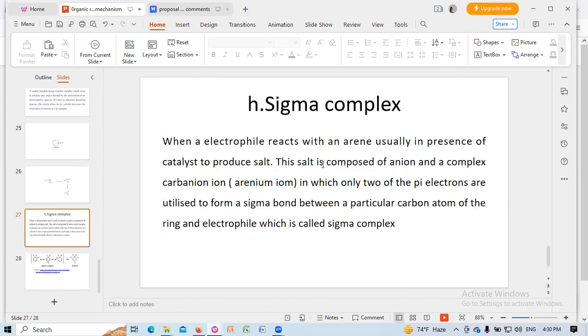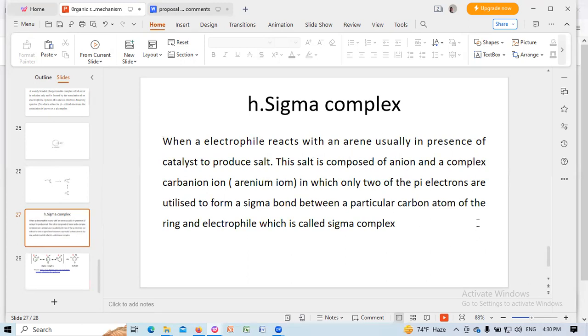But in the case of sigma complex, when an electrophile reacts with an arene, in the case of the pi complex, the electrophile is only associated with the electron donating species. In the case of sigma complex, the electrophile reacts with the arene, usually in the presence of a catalyst, to produce a salt. You may be confused here.